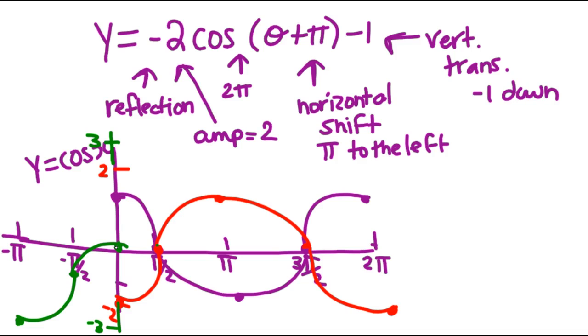This guy is over 2 ticks and down 1. It shouldn't look any smaller, I think it's just because of my picture. And then this guy is 1, 2 over and down 1. So it shifted over a pi to the left and down 1.